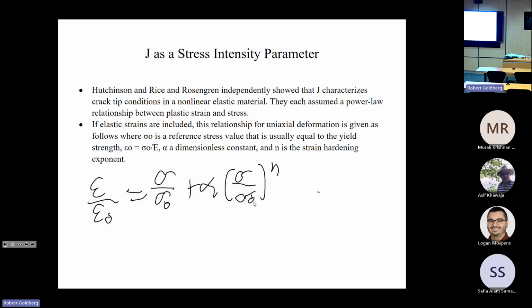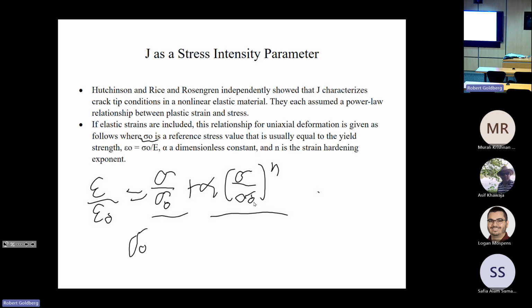So in this equation, this represents the elastic part, this is the nonlinear elastic part, and sigma 0 is just a reference stress value.